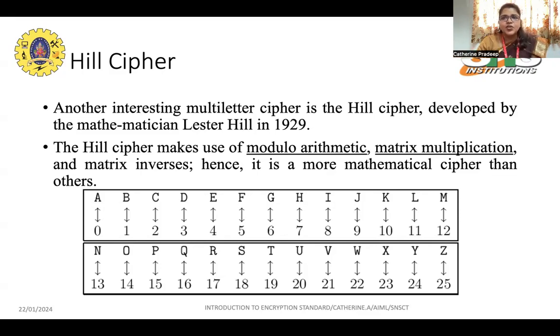For example, whenever the letter A comes in the plain text, you are going to put it as 0. Only then can you do the matrix multiplication. Once all this multiplication is done and you receive the answer in numbers, you again have to put the alphabets in place of numbers to get the encrypted or decrypted message.